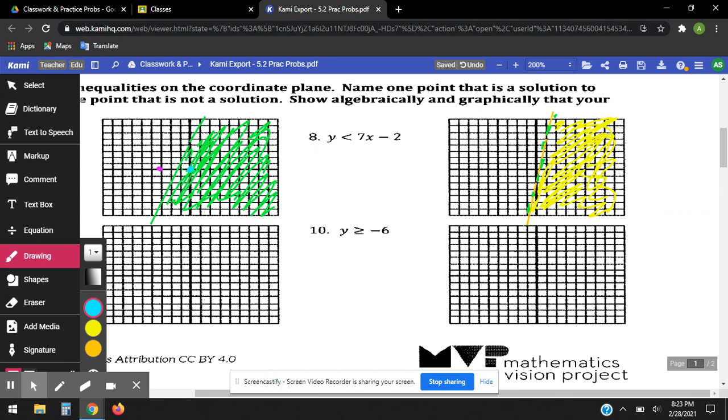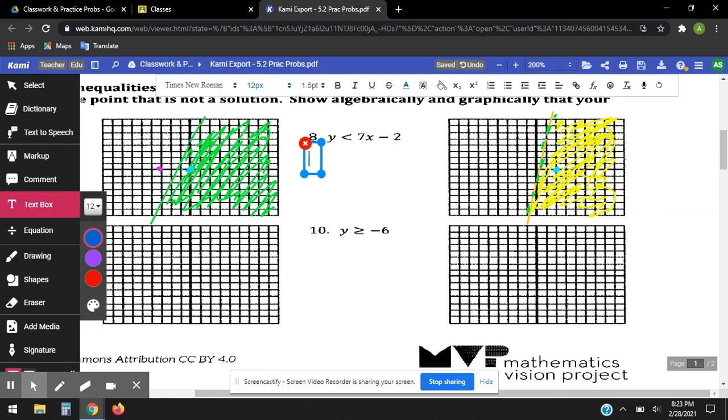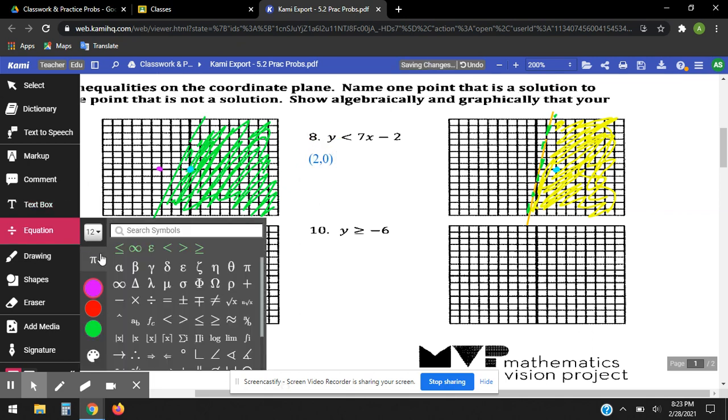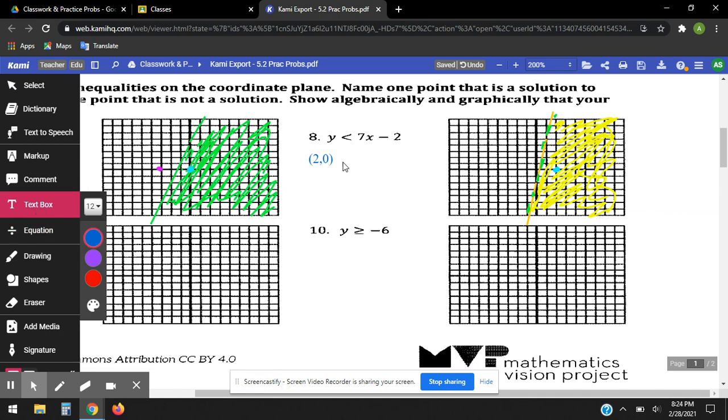Let's do this time. I like to use something on the line because that makes it easy to work with. I'm going to do 2 comma 0. Makes it easy for us to be able to compare it. Actually I don't have to use my equation for this one.